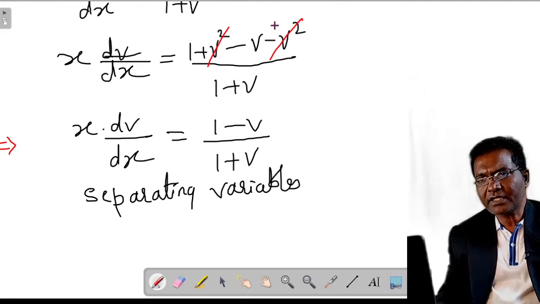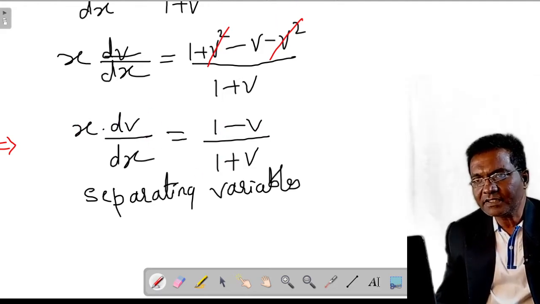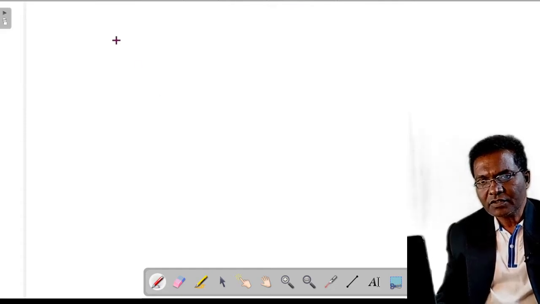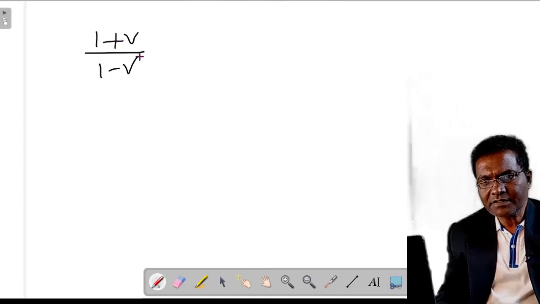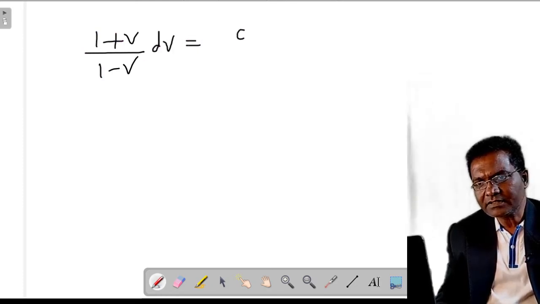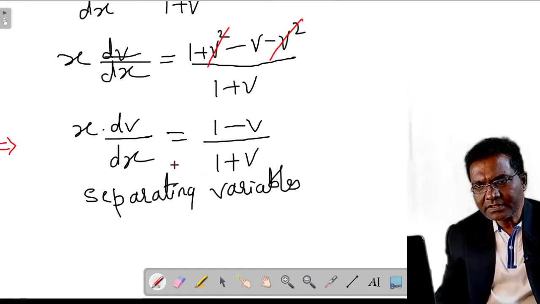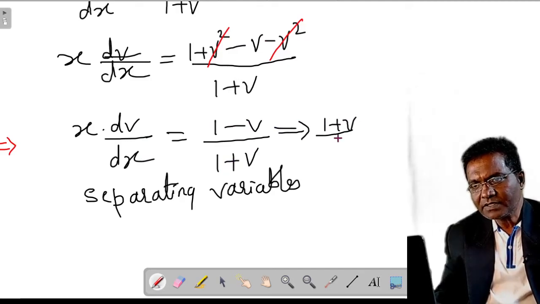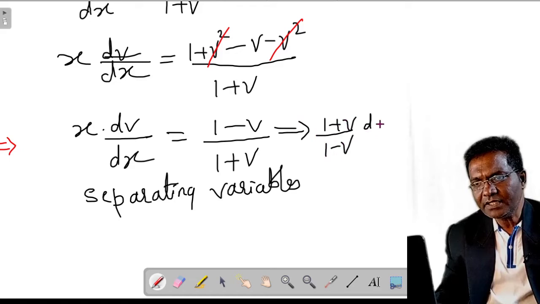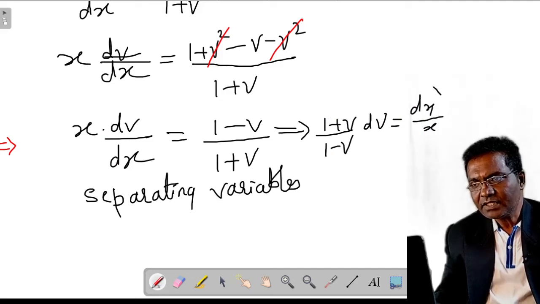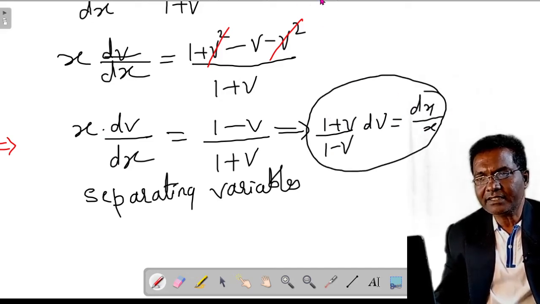This comes in the numerator, so 1 plus v by 1 minus v into dv, on the other side dx by x. Okay, let me show you. This comes up and this comes down. This goes up, this comes down, and dx goes up, x comes down. This is what separating variables means.